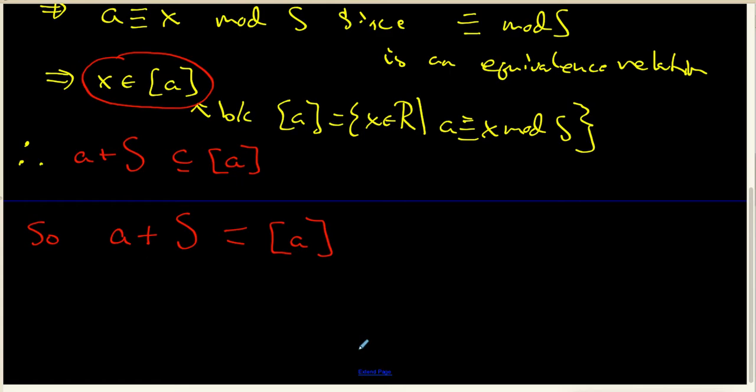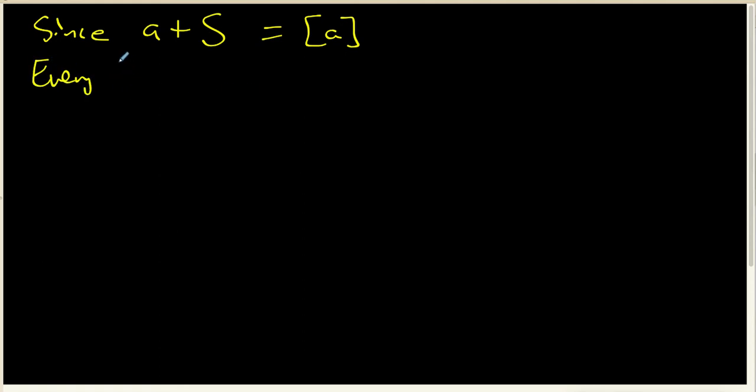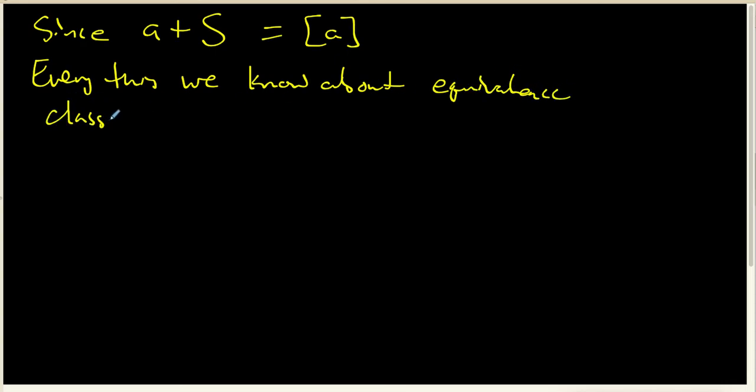Well, what this means is that we can now say anything that we know about equivalence classes applies to cosets. So since the left cosets equal the equivalence classes, everything we know about equivalence classes applies to left cosets.